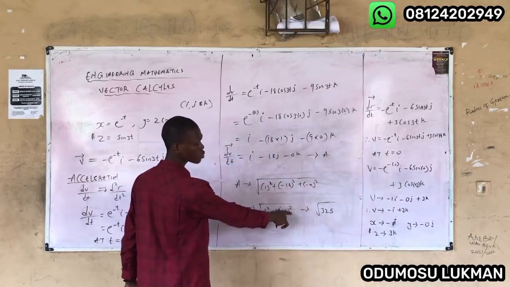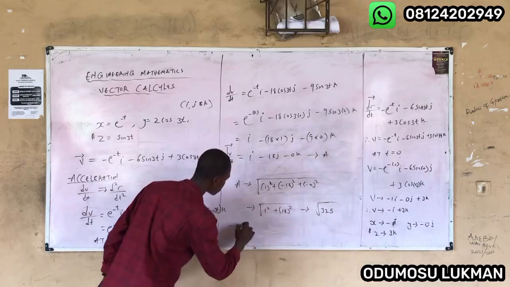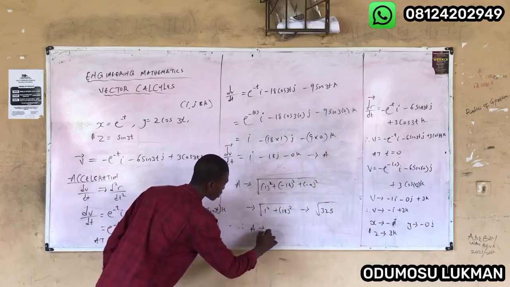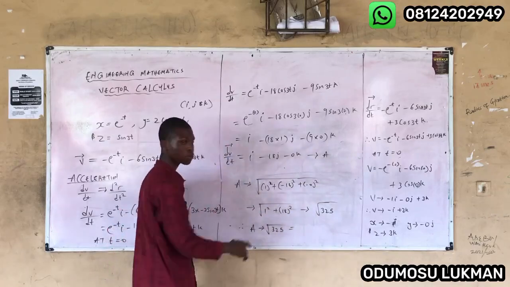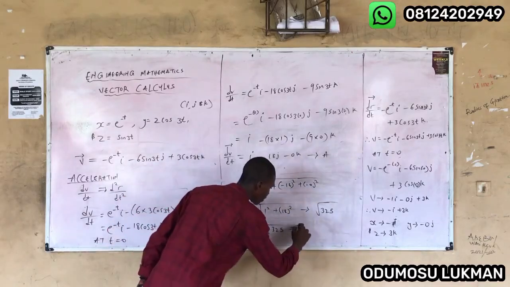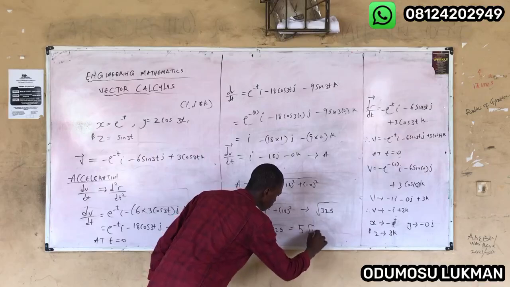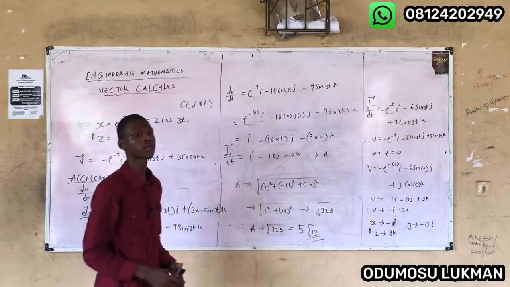This is 1 plus 324, that's 325. So in short form, the square root of 325 gives us 5 root 13.